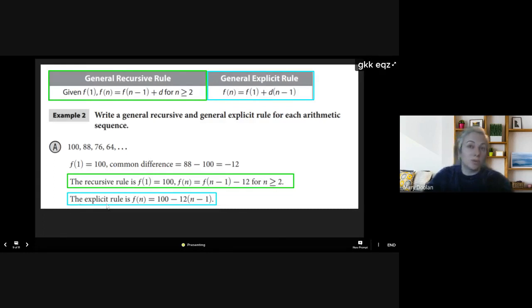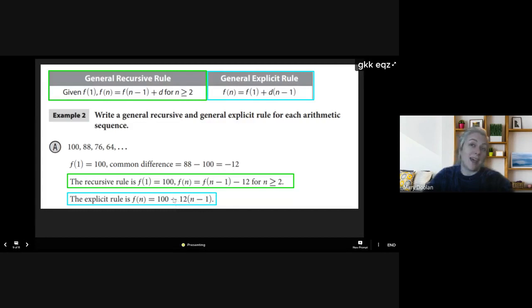The explicit rule, using this sequence and the difference of negative 12, you just plug in the pieces. So f of n equals f of 1, the actual value of which is 100 because it's the first term, minus the difference, because instead of plus the difference, it's negative 12.